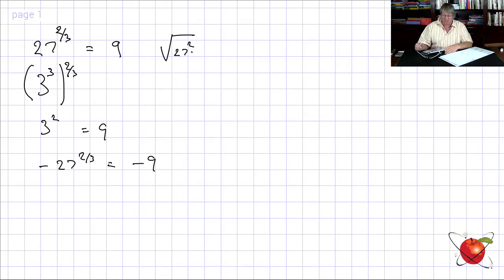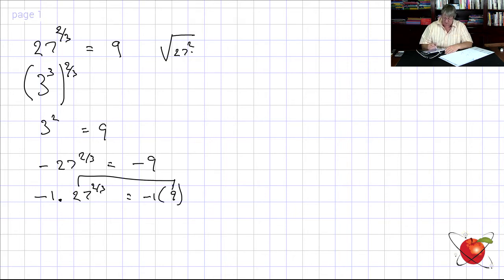Why does the calculator give you minus 9? Because what it's assuming is minus 1 multiplied by 27 to the power of 2/3. That means it's giving me minus 1 times 9, which is our minus 9.